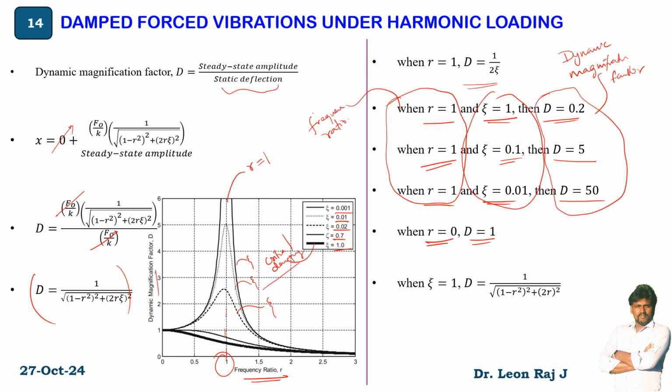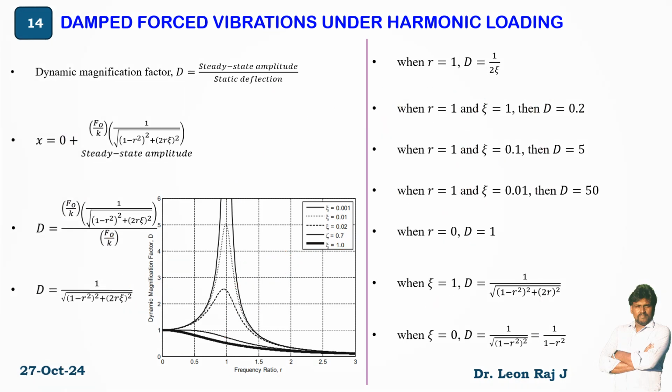There is no dynamic magnification, so d equal to 1. When xi equal to 1, the dynamic magnification factor is equal to 1 divided by 1 minus r square the whole square plus 2r square. So when xi equal to 0, the response looks like the derivation we obtained in the previous slides, that is 1 divided by 1 minus r square.